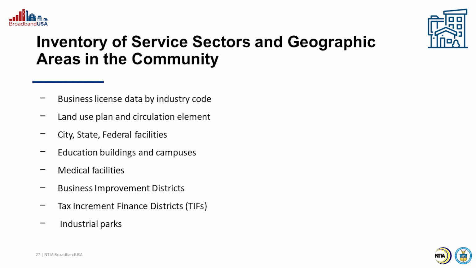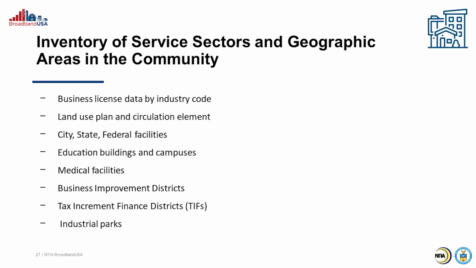Is there an identification of city, state, and federal facilities? Very important. Identification of education buildings and campuses, both at a K through 12 level and institutions of higher education. You need to understand where all your medical facilities are, your hospitals, your clinics, your community facilities, and if any areas have been designated business improvement districts or tax increment finance districts.